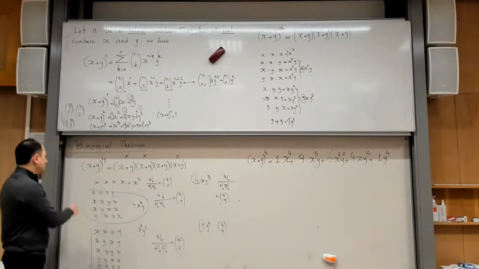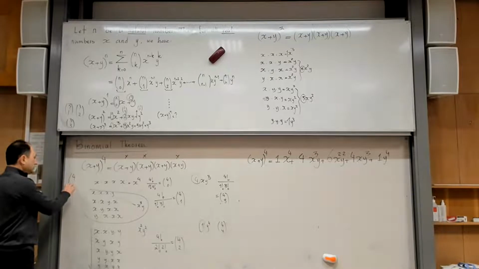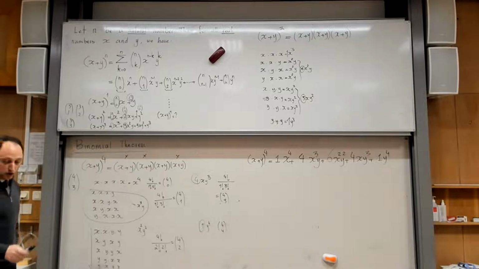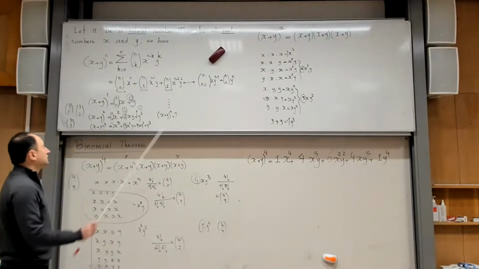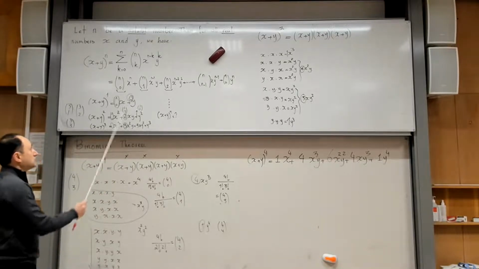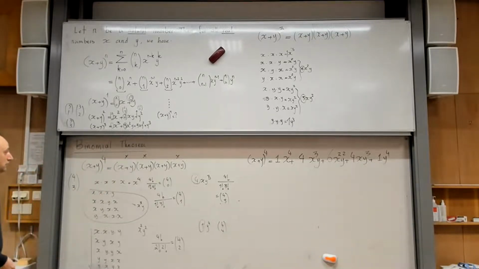The answer would be a combination 4 choose 3. Yes. Okay. So I hope that it is understandable. For the general case, you really don't need to do anything extra. So that is just the extension of this argument. Yeah, is that clear or not?